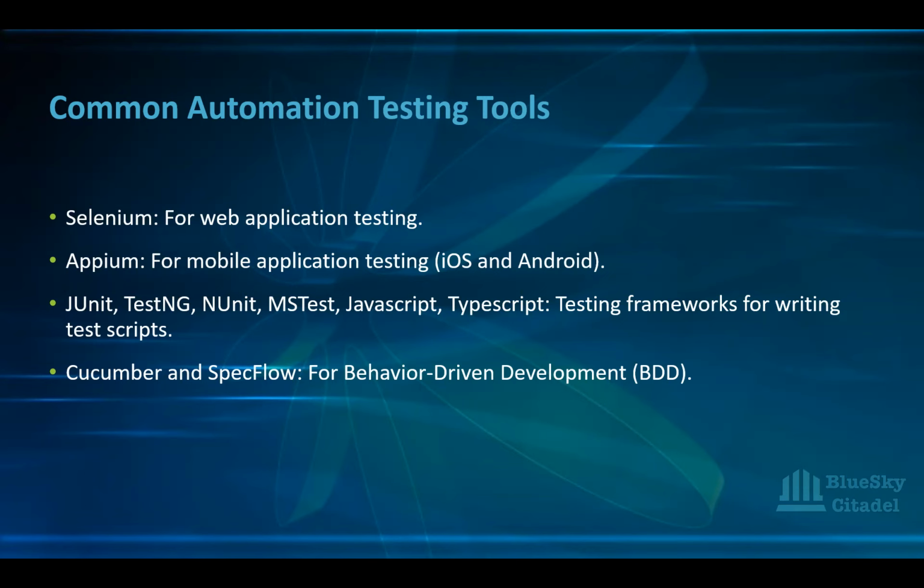Appium is also an open source tool. It's used for automating mobile applications on both platforms, iOS and Android. Like Selenium, Appium helps the tester write tests across the platforms.